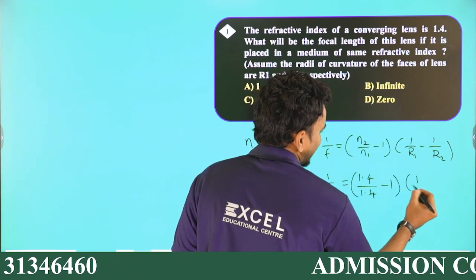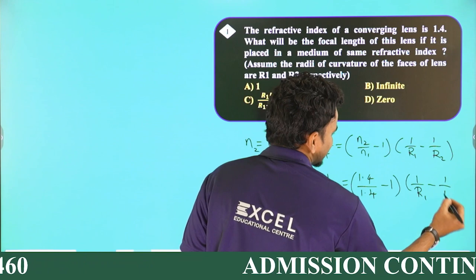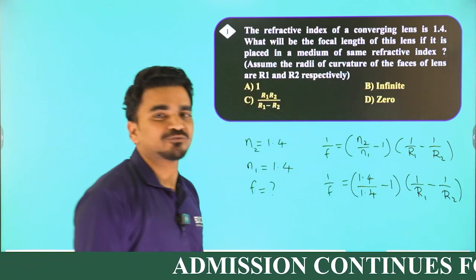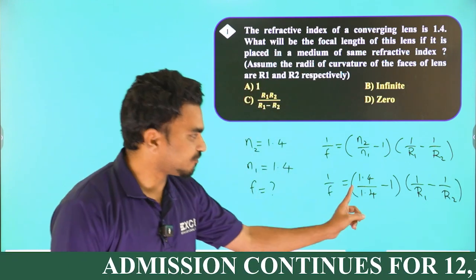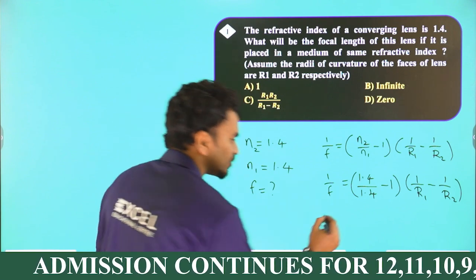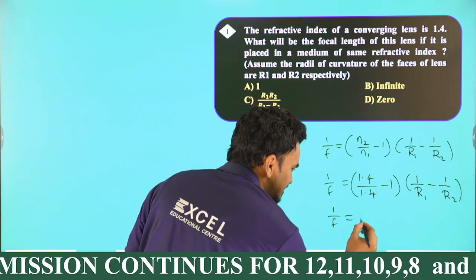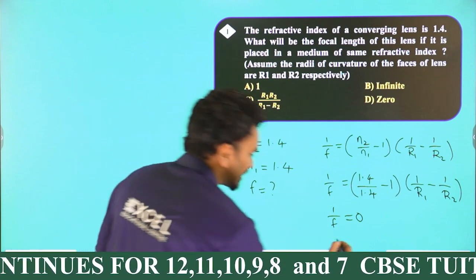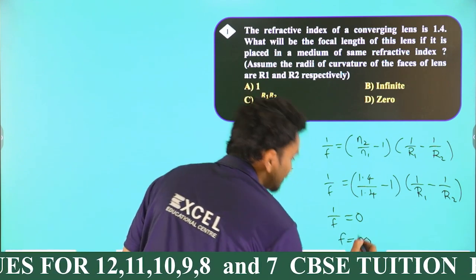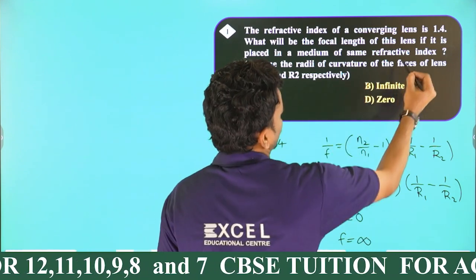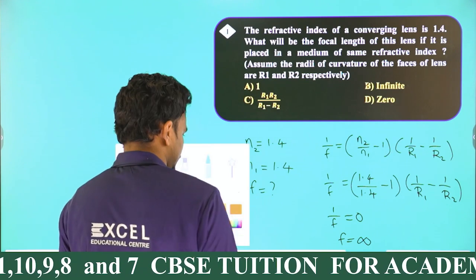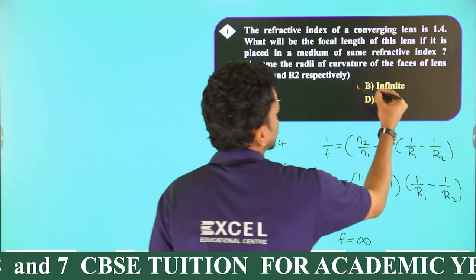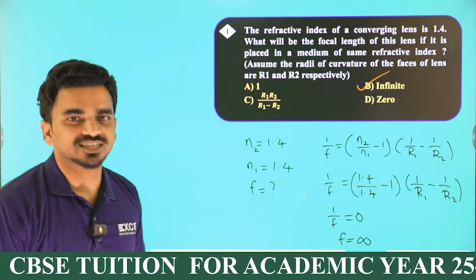So what will you get? 1.4 by 1.4 is 1, 1 minus 1 is 0. So you will get 1 by F equal to 0. 1 by something is 0 means that something is infinity. Very easy answer, right? So it is infinity. Option B is the right answer.